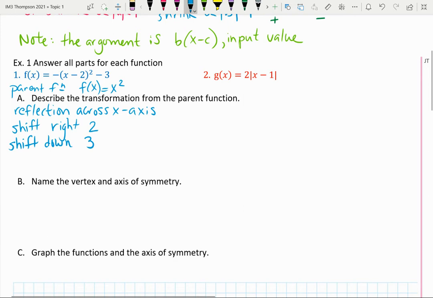But I just said that I'm going to shift this right 2 and down 3. So that my new vertex is going to be (2, -3), right 2, down 3. Now, if you needed to graph and then go back to this, you totally could. You could graph it on some paper and then go back and answer what is the vertex.